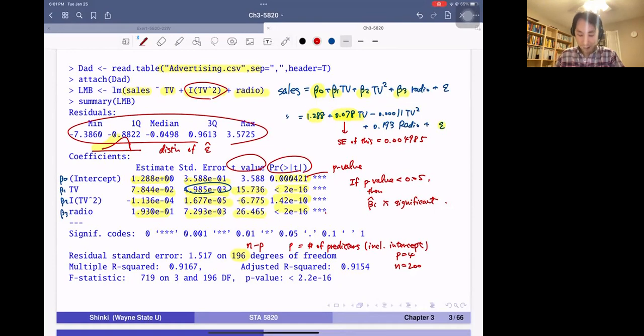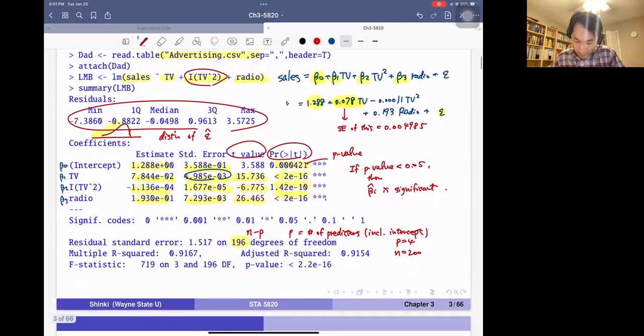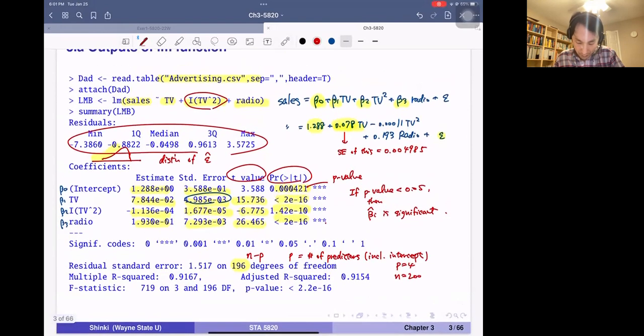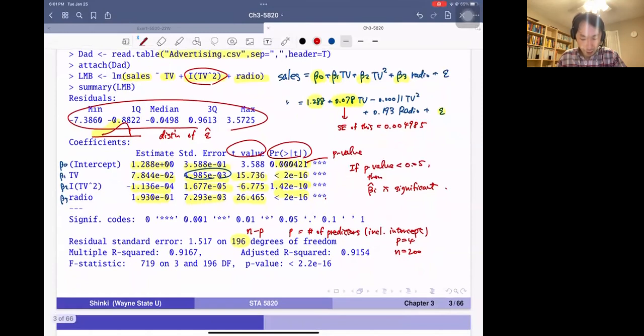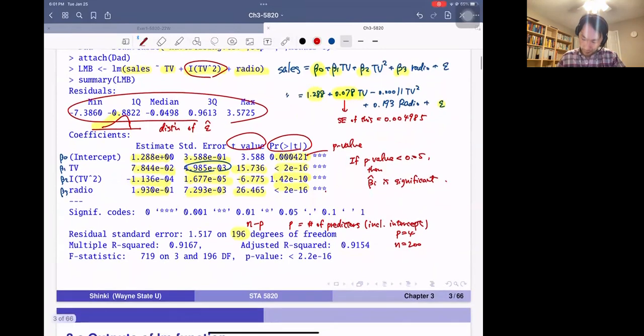We have some reason related to the interaction between some variables, but we don't have any logical answer. If you just type TV square, then R outputs the squared value of TV. But in a linear regression, in the lm function, we have to put I parentheses.